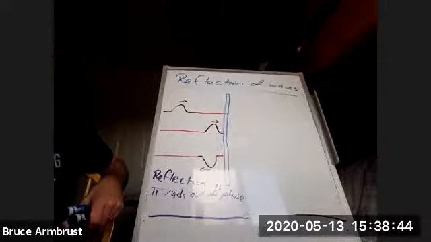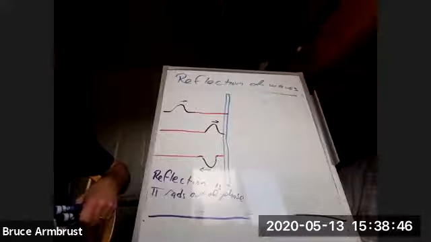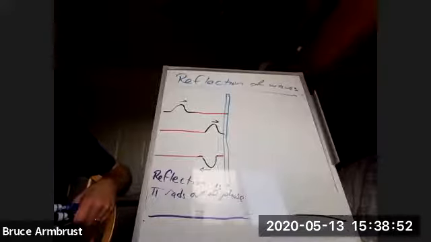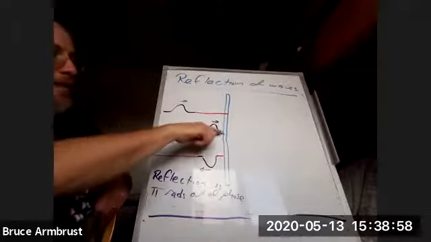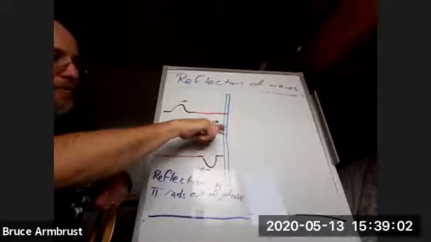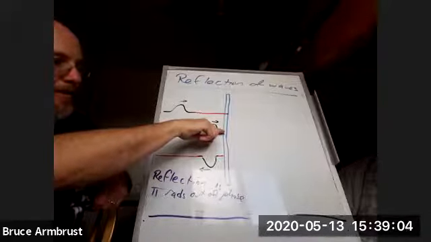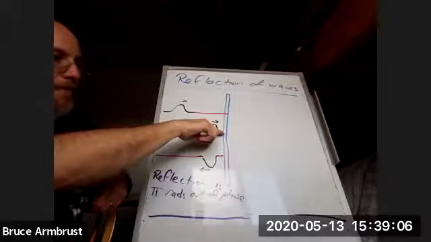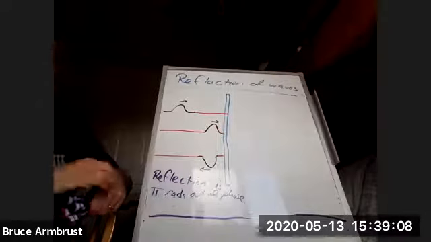Well, that, of course, means that the wall is going to react by exerting a downward force on the string. So as that wave gets here, again, the string's trying to pull the post up, the post is pulling the string down. Well, the post can't move, but the string can.